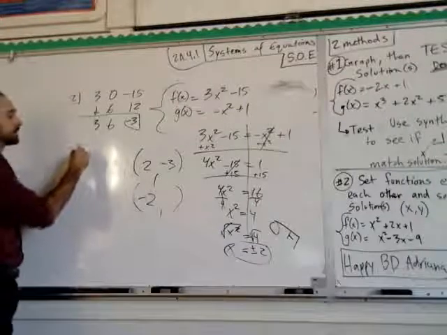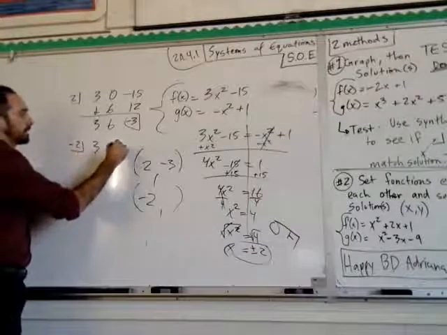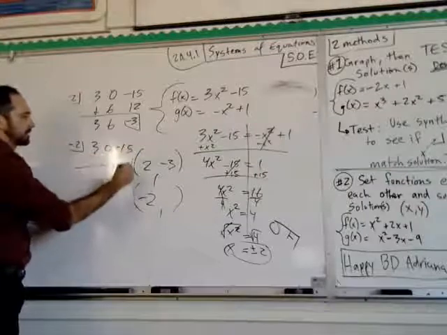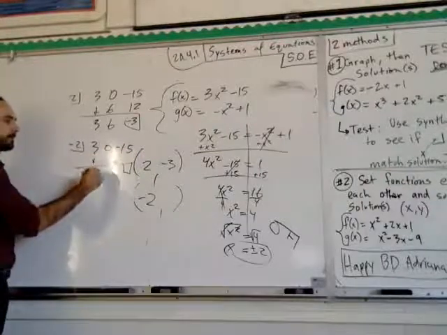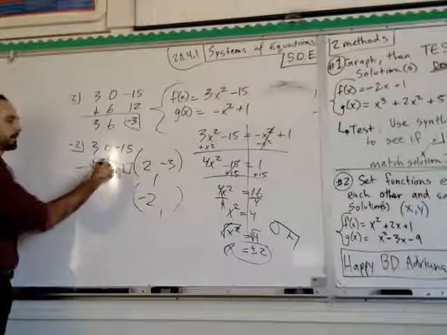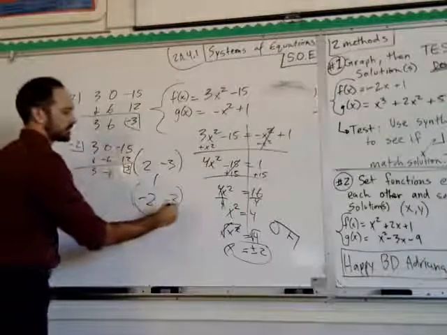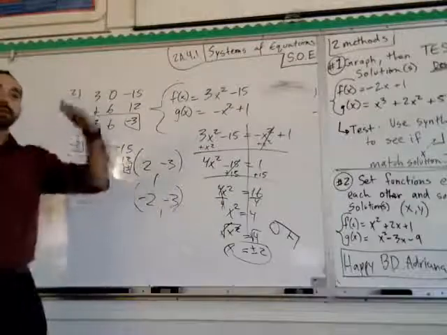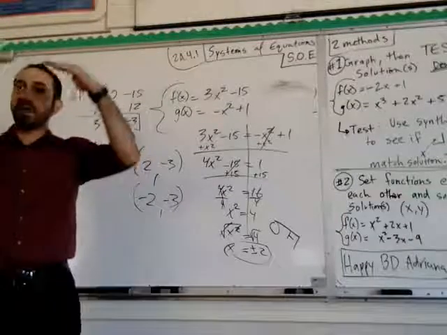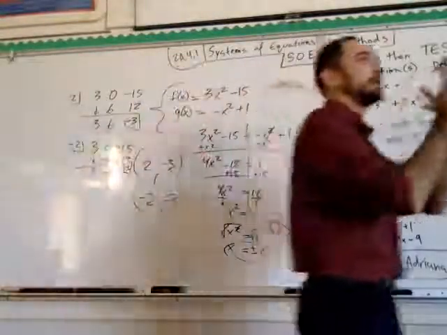Then we're going to do negative 2. Same coefficients. Drop it, multiply, keep going. It's okay because they're both down 3 levels. The y value is negative 3 for both of them, but the x values are different.